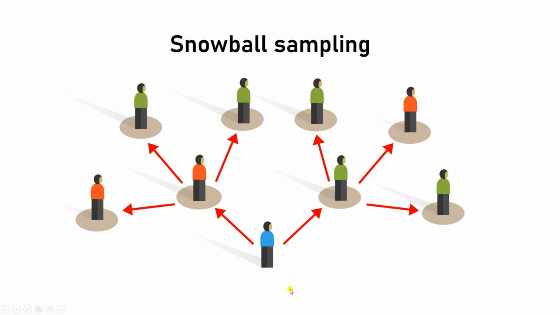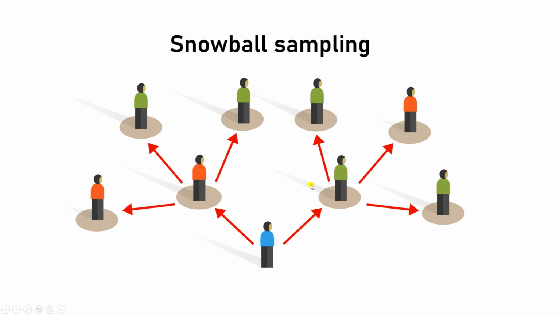So we have identified our first case. This is my first sample. I have collected all the samples from him and asked him about any other person he knows who are also having the same kind of disease. All right. So this is the one. He identifies two more. So this one and this one.